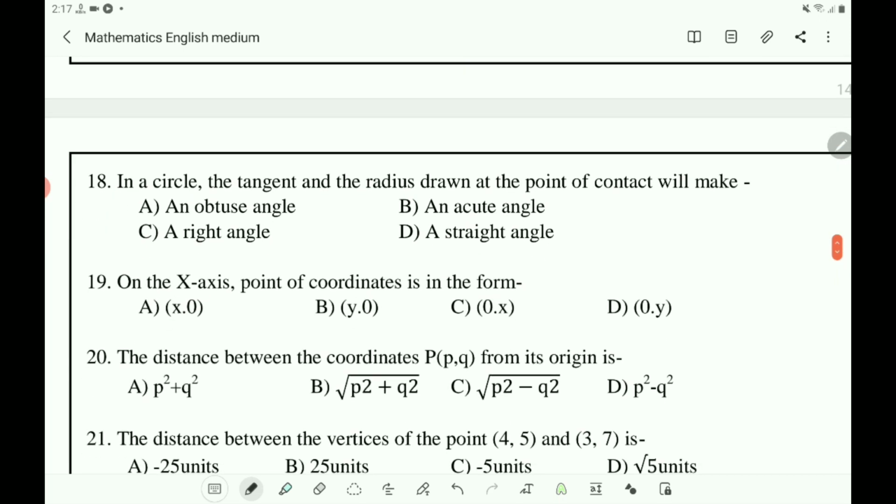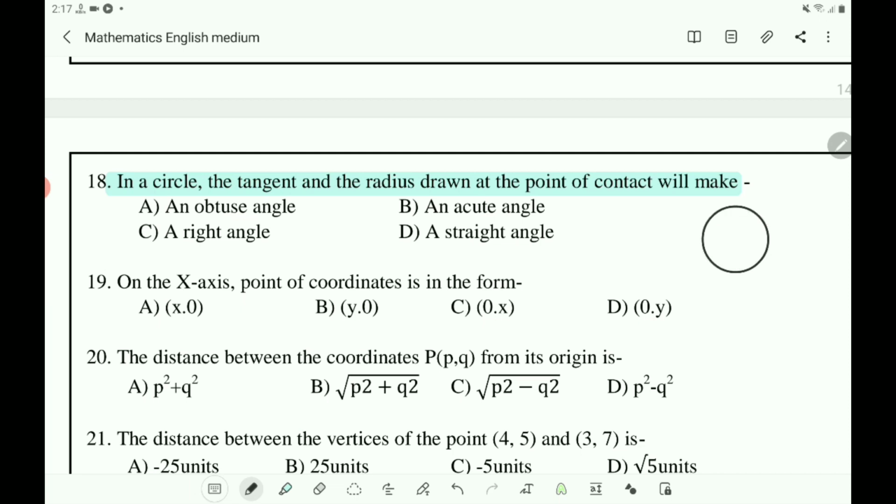Then you take question number 18. In a circle, the tangent and the radius drawn at the point of contact will make. Just now we discussed that the angle between the tangent and the radius at the point of contact is 90 degrees.